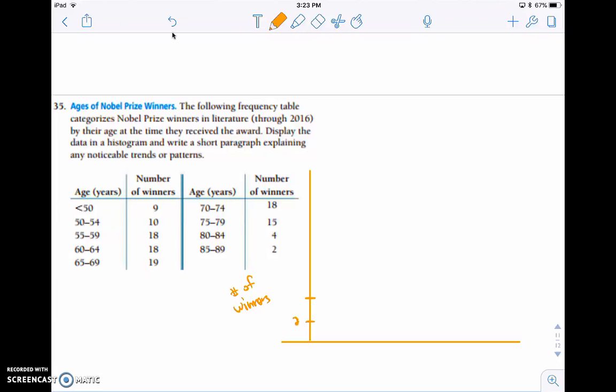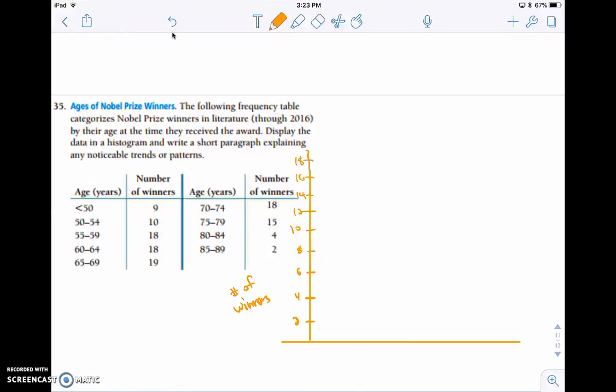So we're going to go 2, 4, 6, and we're trying to make this as even as possible. 10, that one's a little high. 12, 14, 16. We'll go up to 18, even though 19's there, we'll hit 19.